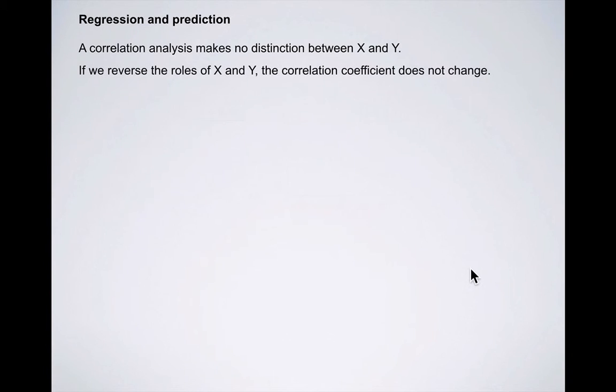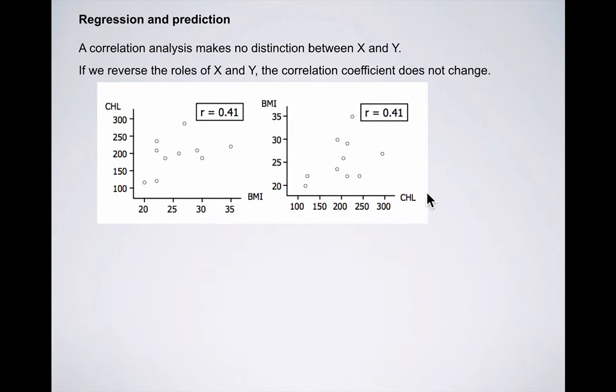So now regression and prediction. Correlation analysis makes no distinction between X and Y, so if we reverse X and Y, the correlation coefficient doesn't change. So if we're measuring cholesterol and the body mass index, and then reverse so that we have the cholesterol level on the independent axis and body mass on the dependent axis, then we end up with the same correlation coefficient.